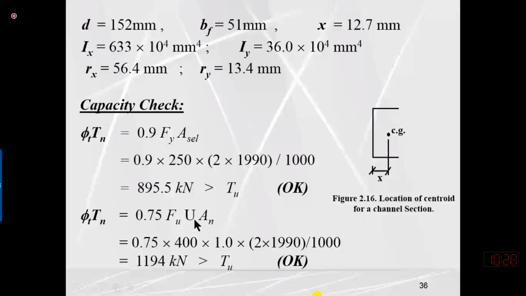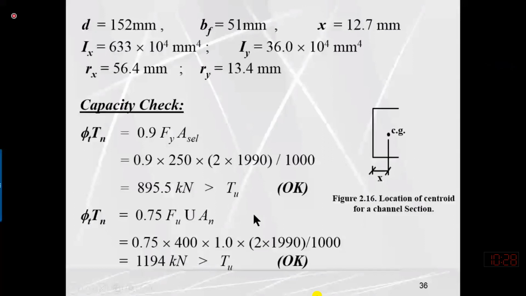For the welded connection, we may assume U equal to 1, so 0.75 x Fu, and net area will be equal to gross area because we haven't punched any hole. So 2 x 1990 divided by 1000, and the capacity in rupture is 1194, which is more than Tu. So the capacity check is okay.